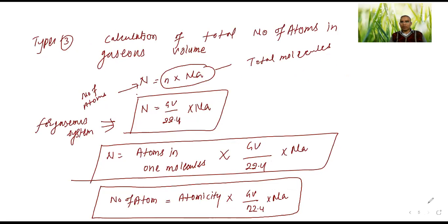Here also it is the same way. Now one molecule can have so many atoms, so that is atomicity, then n into Na. Is it okay now?